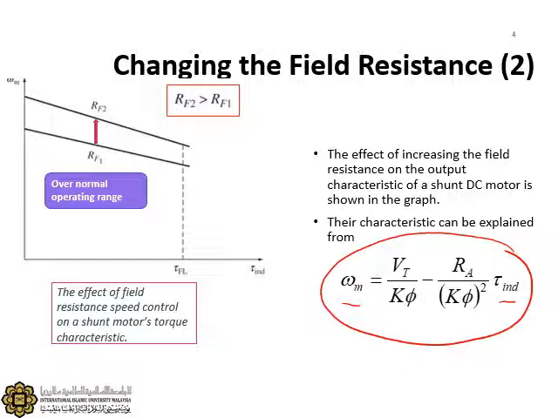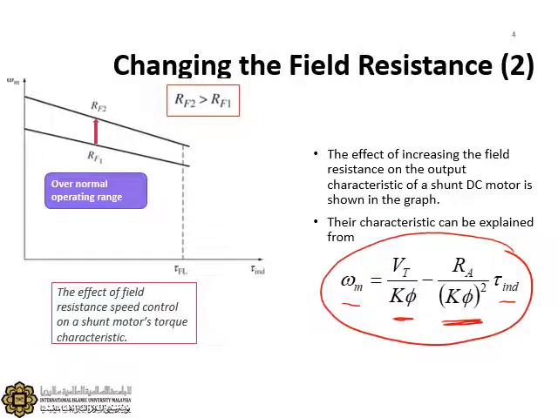And this equation, if you remember, is a line equation, where you have the gradient. This is showing us the gradient, and this is the bias.